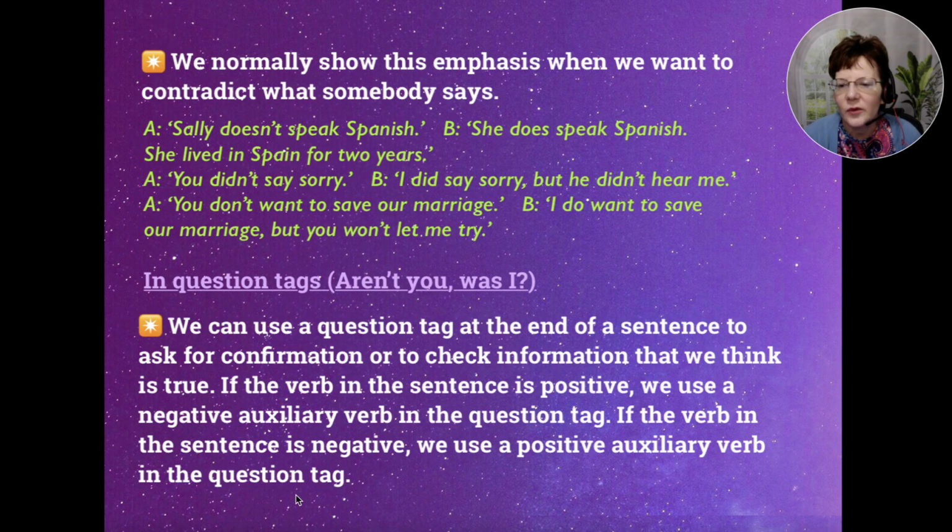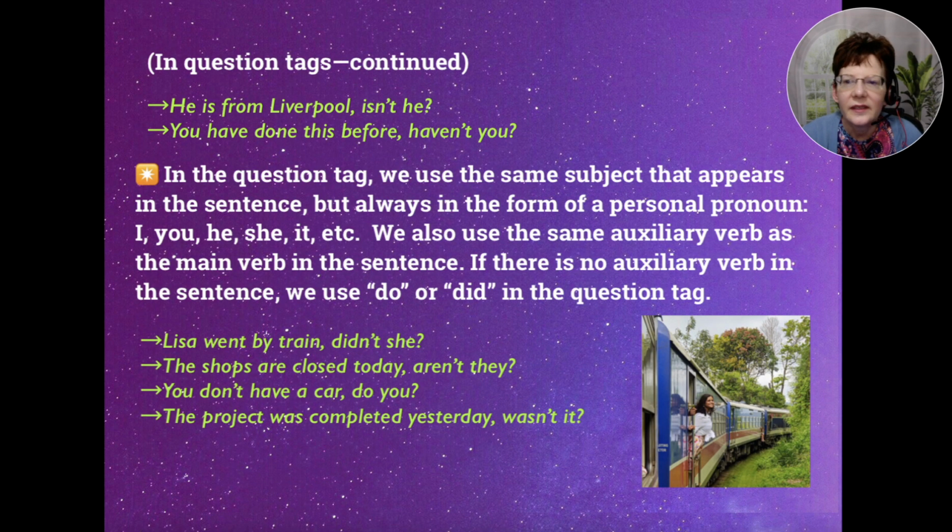And if the verb in the sentence is negative, we would use a positive auxiliary verb in the question tag. So for example, he is from Liverpool, isn't he? Or you have done this before, haven't you? So you see how it changes is and isn't, and then have done, haven't you?